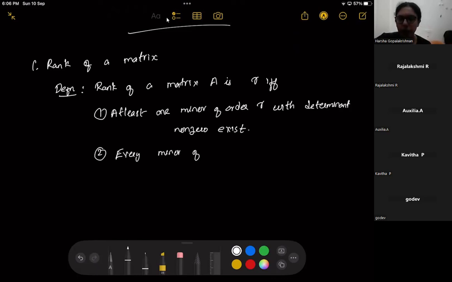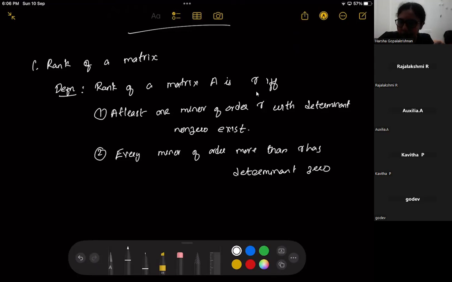So if A is any M by N matrix, a number R is said to be the rank of the matrix if there exists a minor of order R. By a minor, you can just see a kind of submatrix, not exactly a submatrix, a matrix that can be extracted from the given matrix A, which has order R, that is, an R by R square matrix.